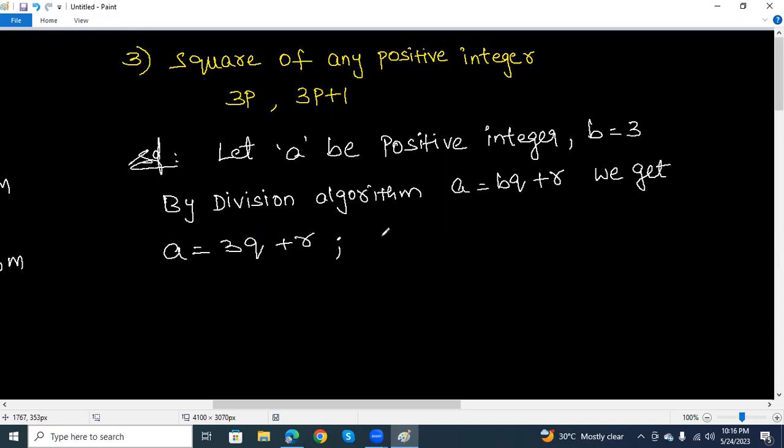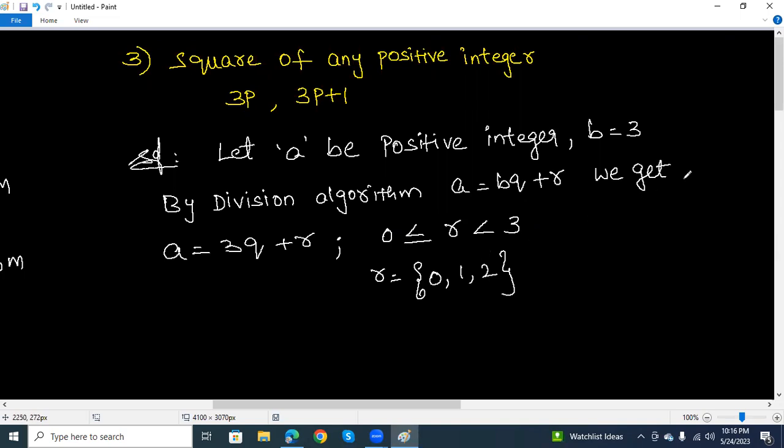Here what is the r value? 0 is less than or equal to r, and r is less than the divisor, which is 3 here. That means r values are 0, 1, 2. Less than 3 means till 2 only, just 3 cases here.